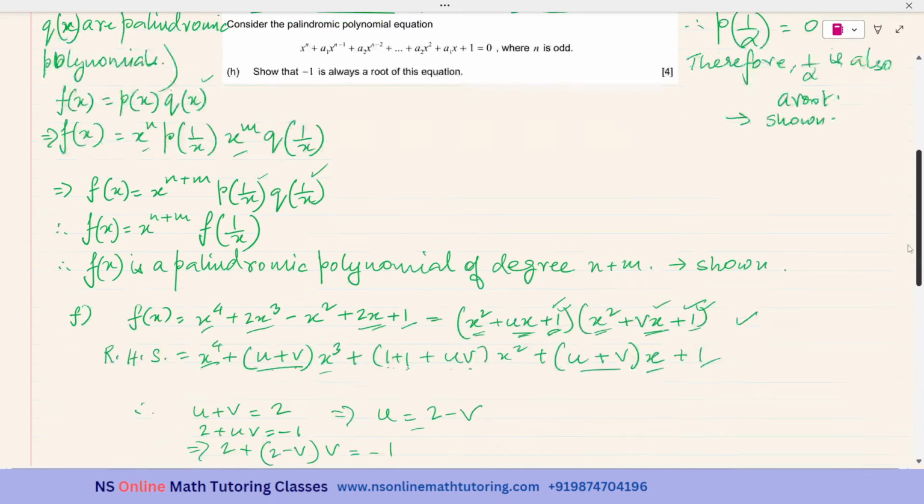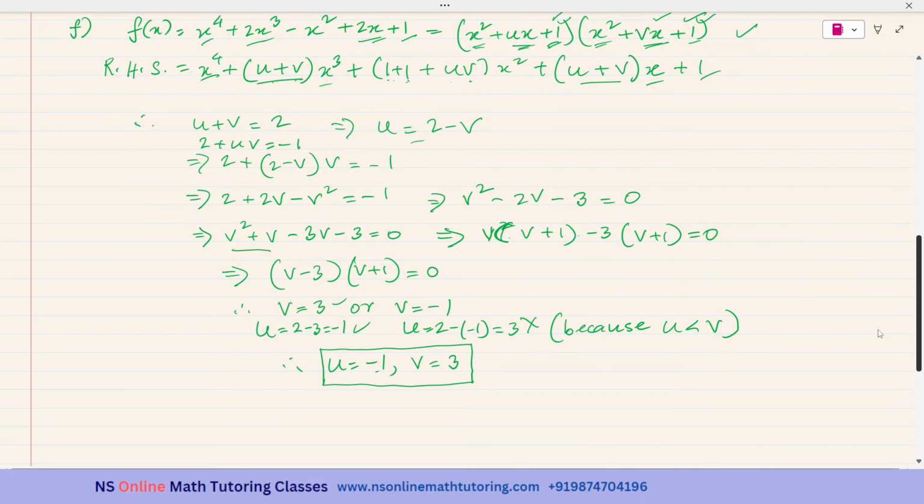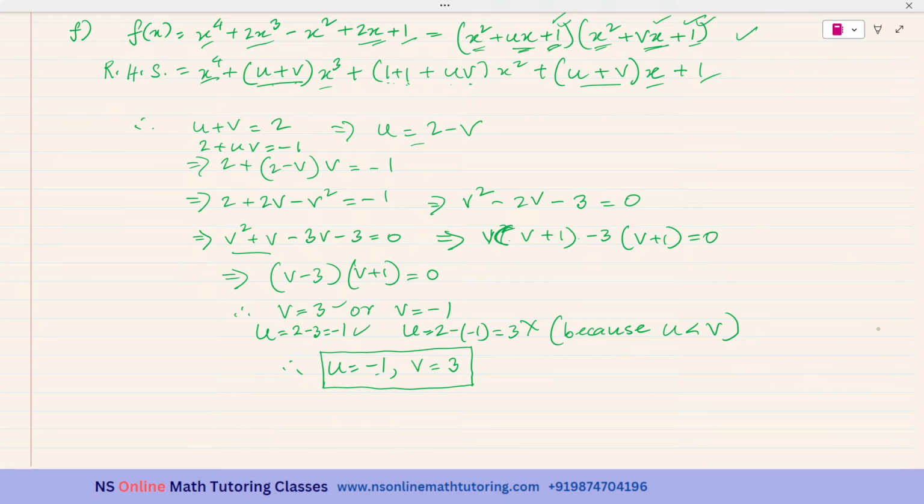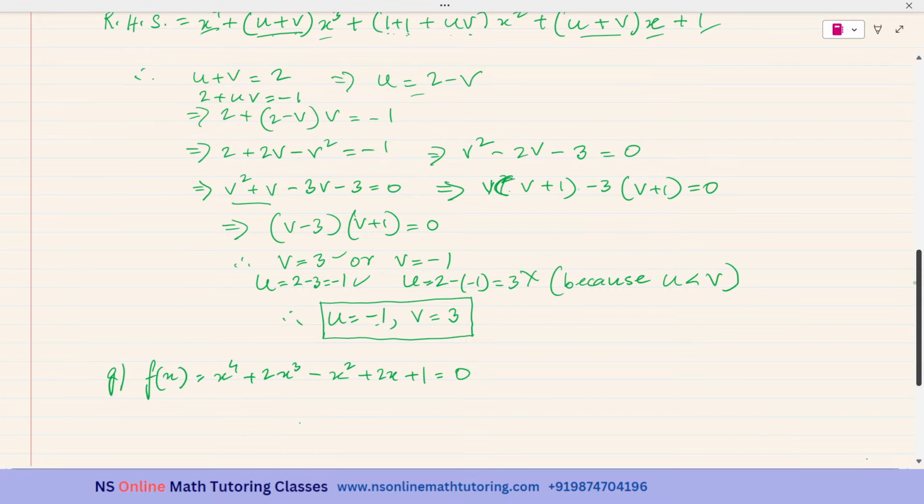First of all, let me write the f of x expression. So f of x equal to x to the power of 4 plus 2x cube, I'm reading the topmost line, minus x square plus 2x plus 1 is equal to 0, and therefore f of x equal to x square plus u x, u is negative 1, so it is x square minus x plus 1, and x square plus vx, v is 3, so x square plus 3x plus 1 is equal to 0.